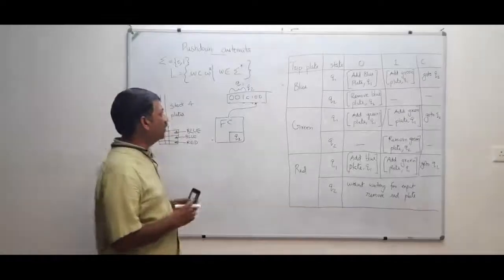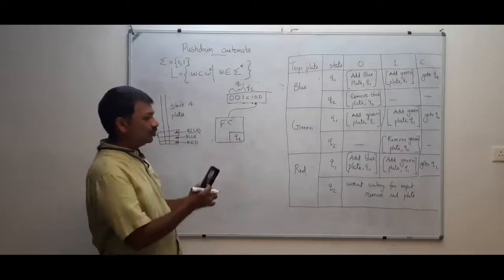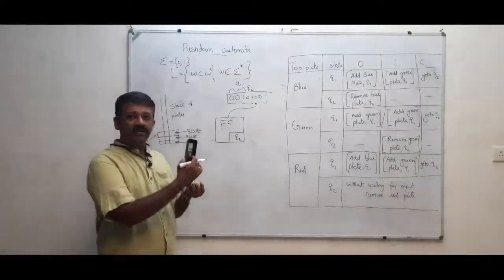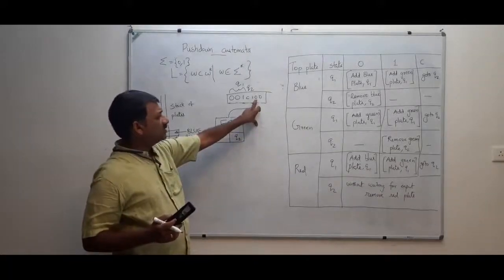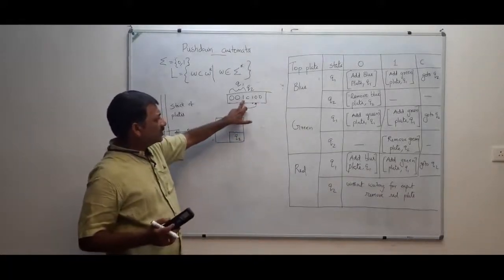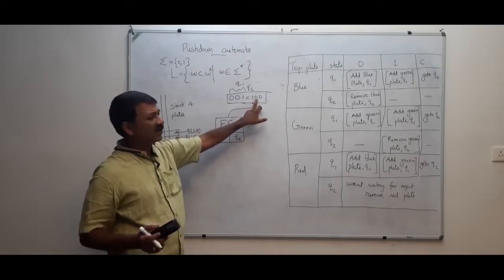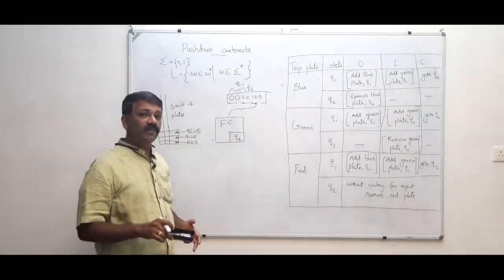Okay, remove it one by one. In state Q2 you are checking whether it is expecting each element. The next element expected is 0. Why? After this one there is a 0. So here you have 1, you have 1, and it is expecting a 0. If it encounters 0, 1, what will happen?